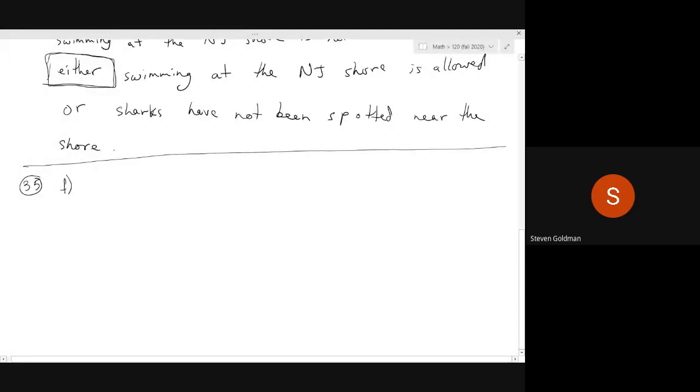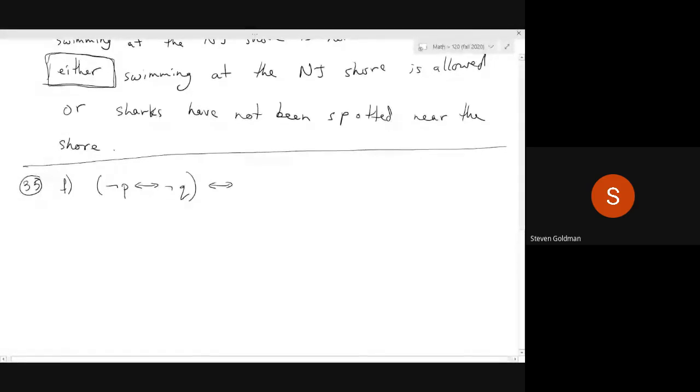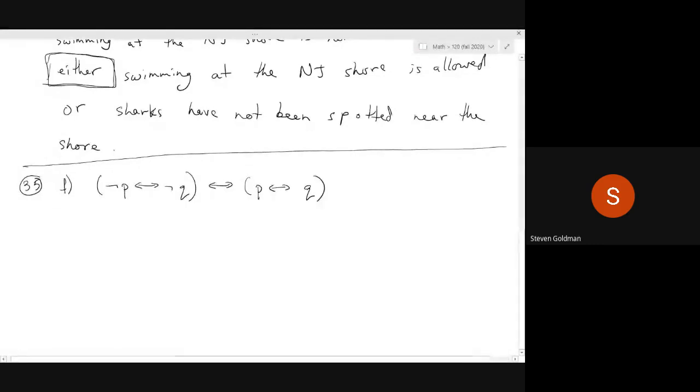So for 35, you were asked to construct a truth table for each of these compound propositions. You're given the proposition not P if and only if not Q, if and only if P if and only if Q. Okay, so you've got 3 biconditional statements here.